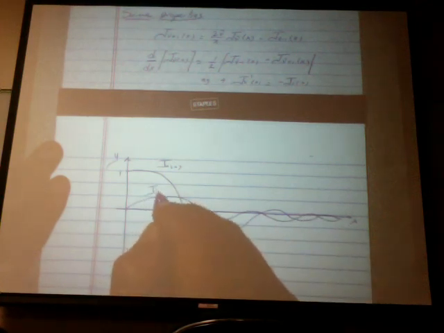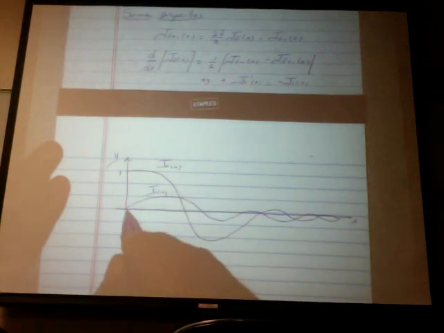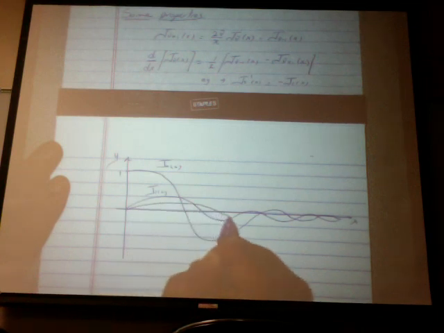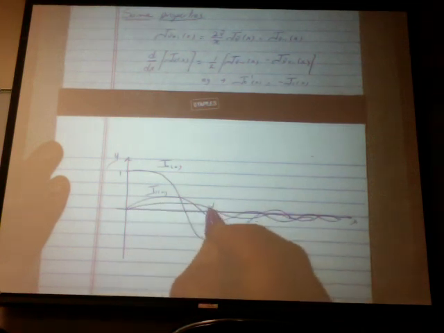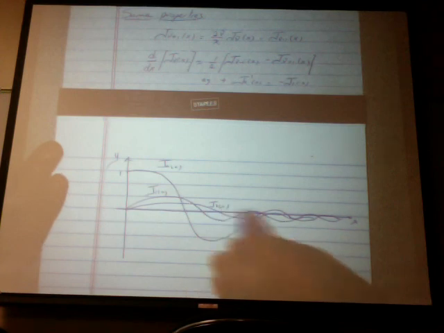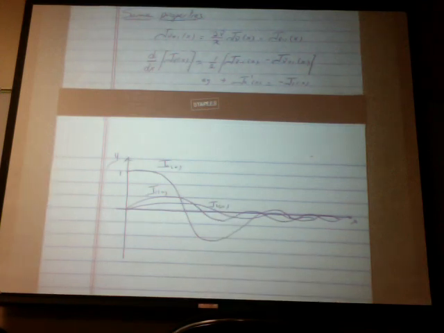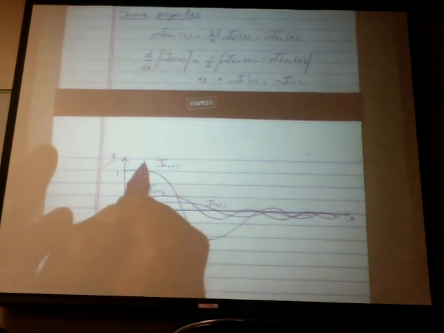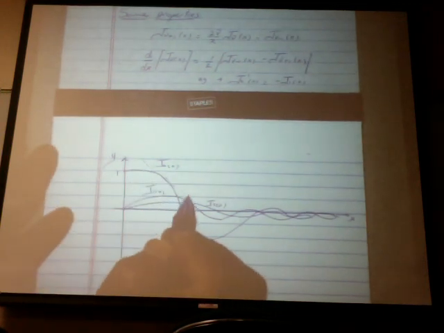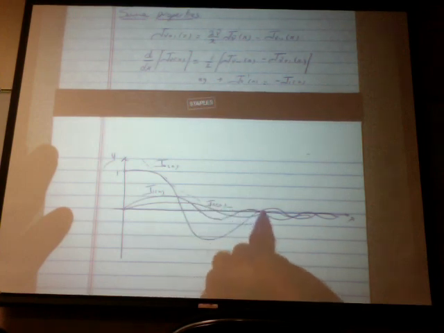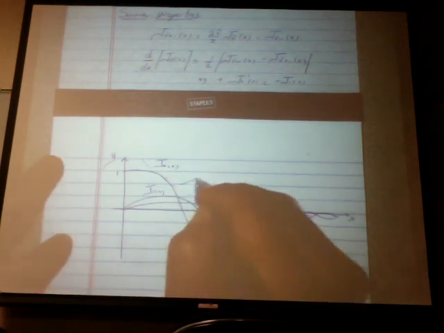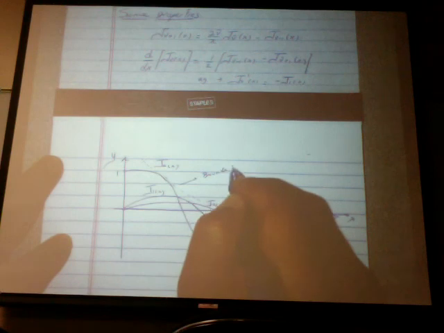So this is J1 of x. And J2 will start like this. And some trivia here. There's a bounding curve. They're bounded by 1 over the square root of x.